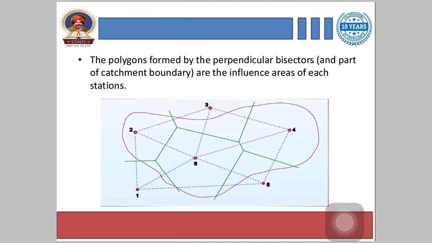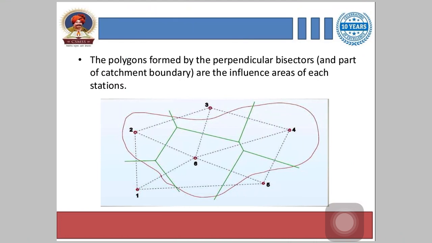The polygons formed by the perpendicular bisectors and a part of the catchment boundary are the influence area of each station. Each polygon contains one rain gauge station, and it is assumed that the entire area within any polygon is nearer to the rain gauge station included in the polygon.